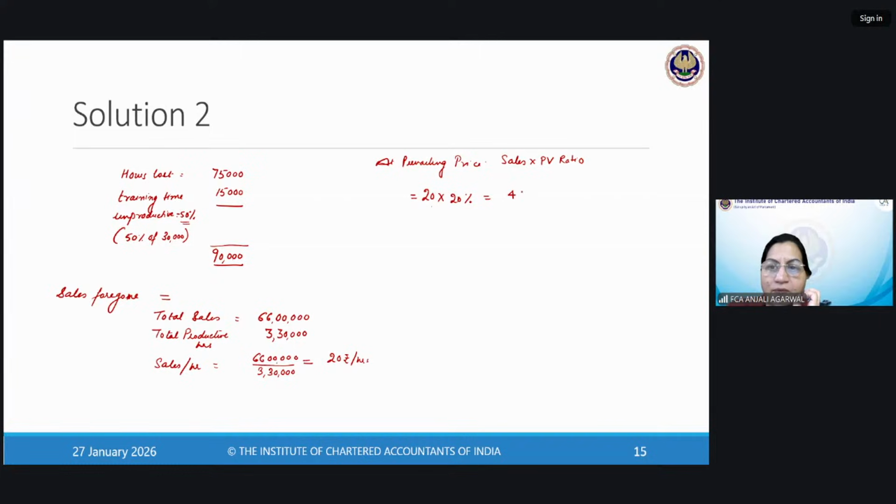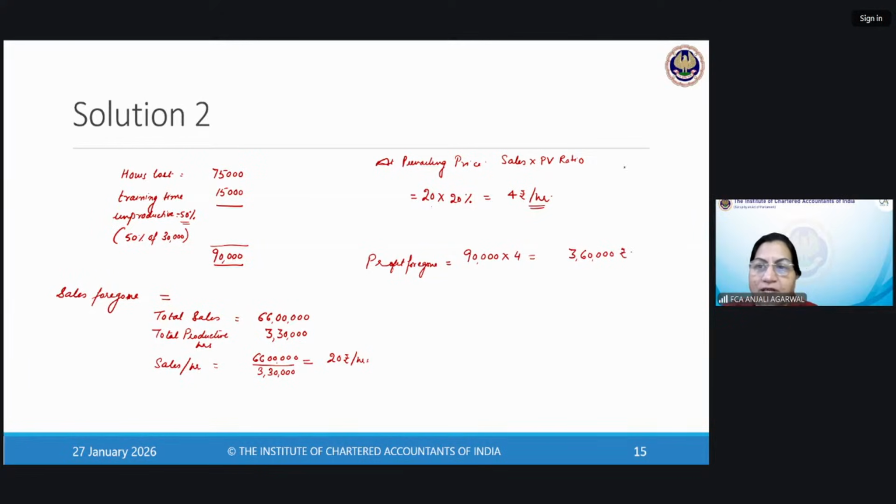So 4 rupee per hour is the profit foregone. And how much hours are foregone? 90,000 hours are foregone. And profit foregone is then 90,000 into 4, that is 3,60,000 rupees.